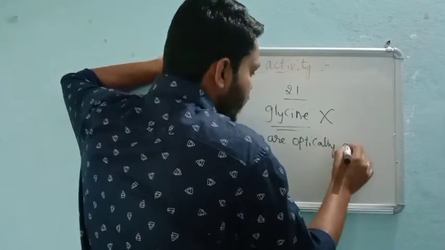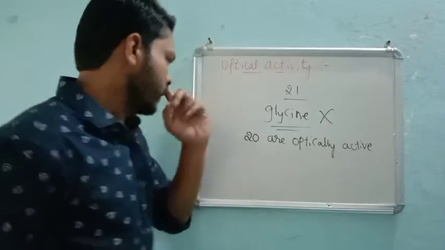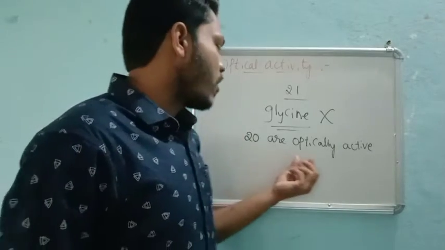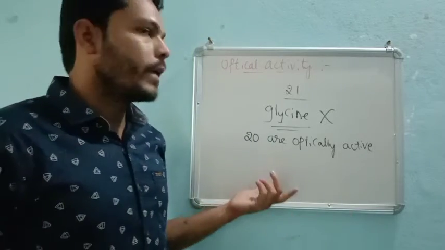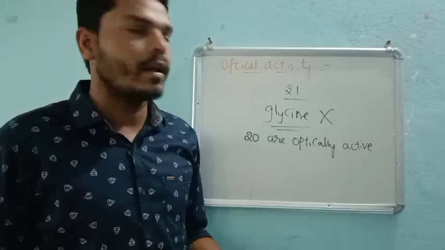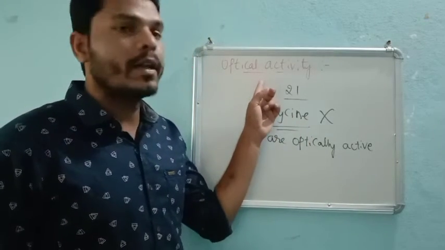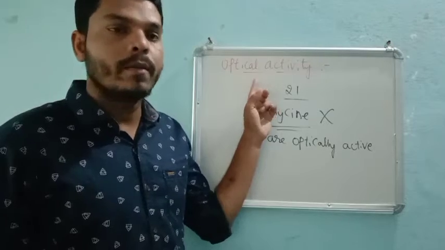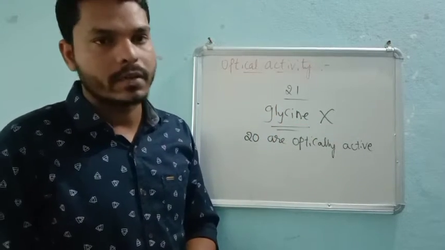What does it mean? Optically active means, already I have said, if it is having a chiral carbon, then definitely it will be optically active. So glycine is not showing optical activity means glycine is not having a chiral carbon. That's all, right?